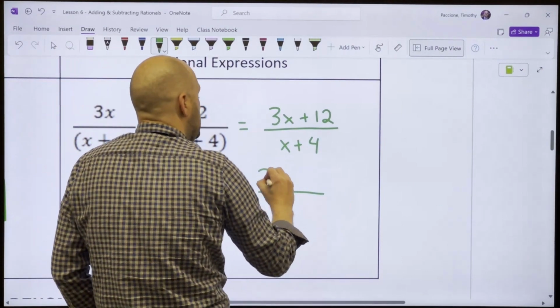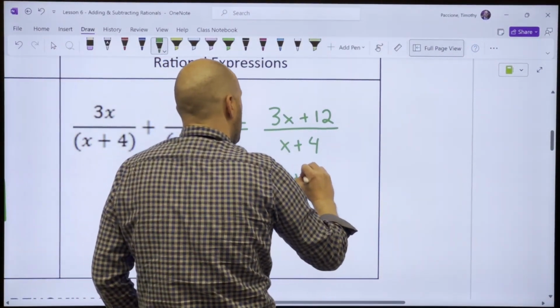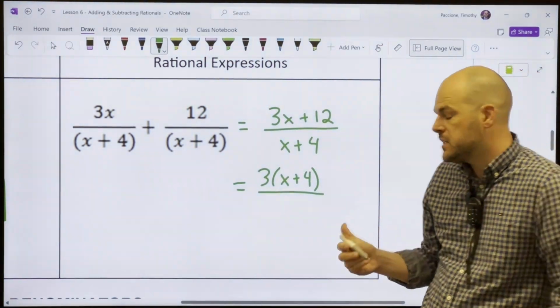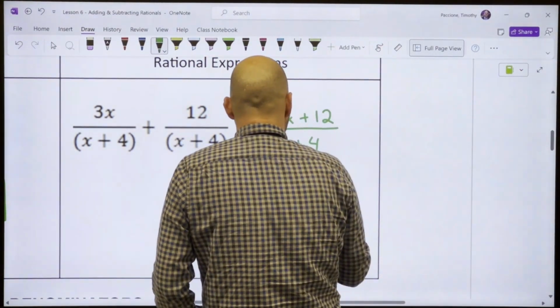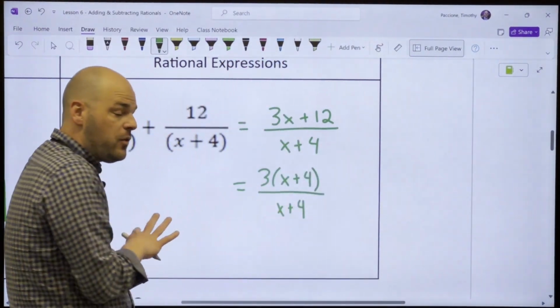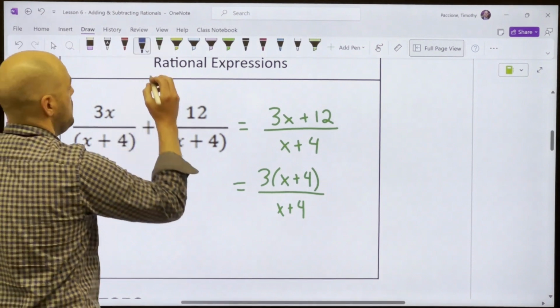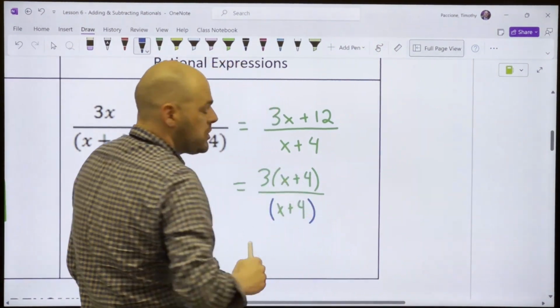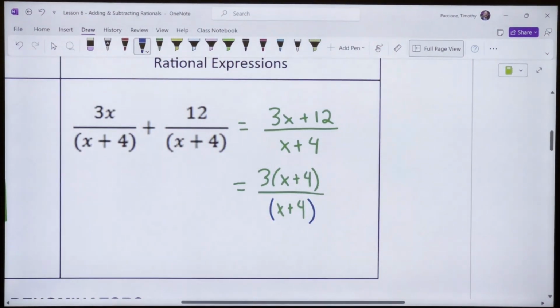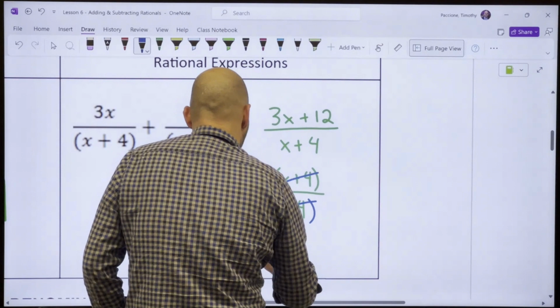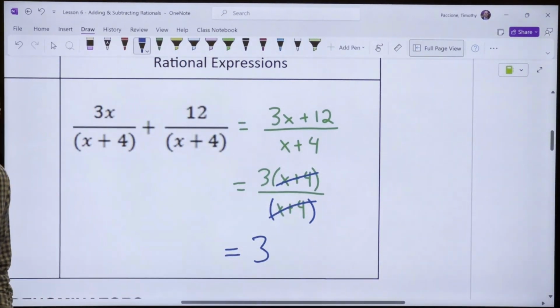So it's 3 times (x plus 4), right? And then the bottom I have x plus 4. Hopefully you see where this is going. And even though there aren't parentheses, we know that there are some imaginary ones, right? So we can think of that as a group. And groups can cancel as a group, right? So cancel, cancel, and the answer is just 3, okay?